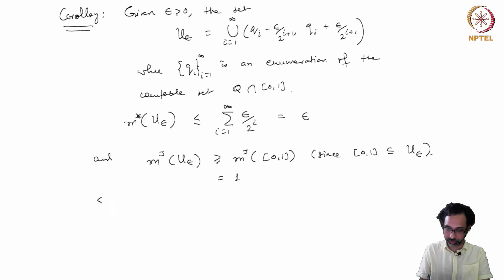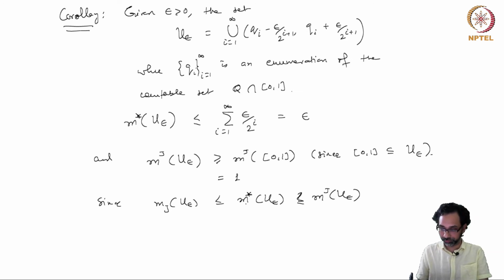So since the inner Jordan measure is less than or equal to the Lebesgue outer measure, which is less than or equal to the Jordan outer measure, this is bounded above by epsilon, while this is bounded above by 1.